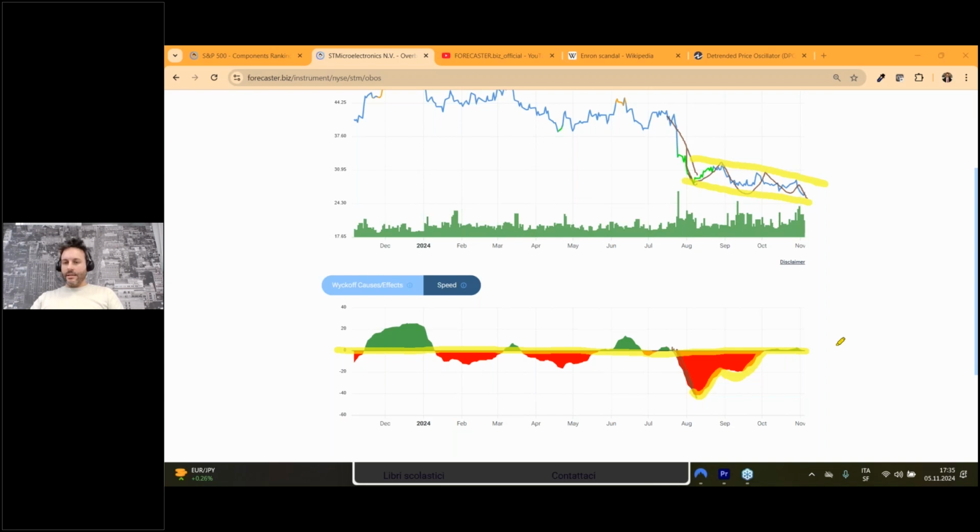What you can see in this situation is exactly what you saw on the Wyckoff, a divergence. So we have declining prices but an increasing indicator.